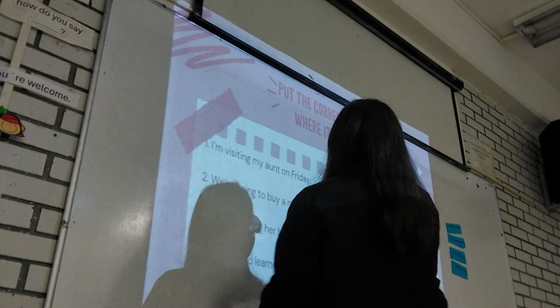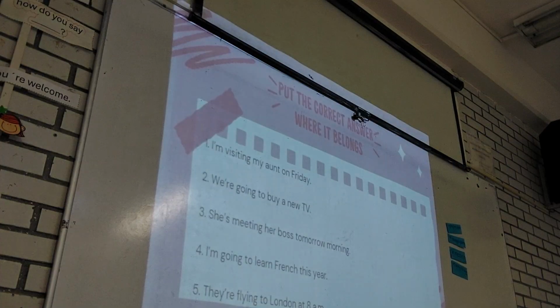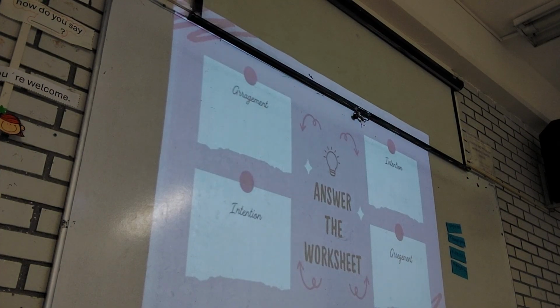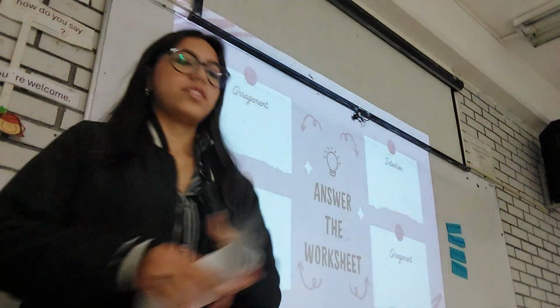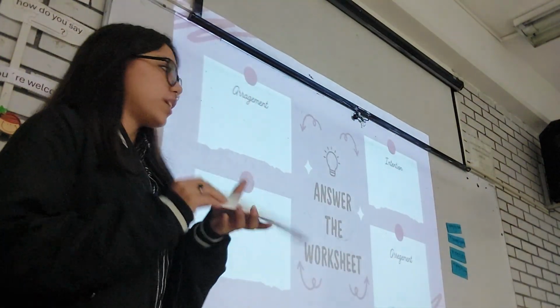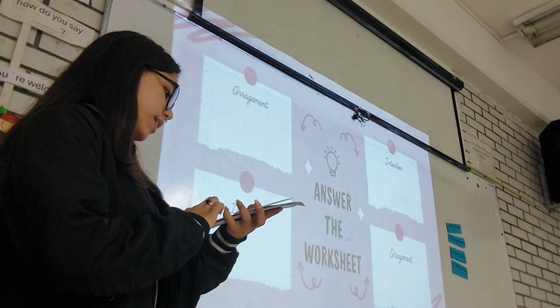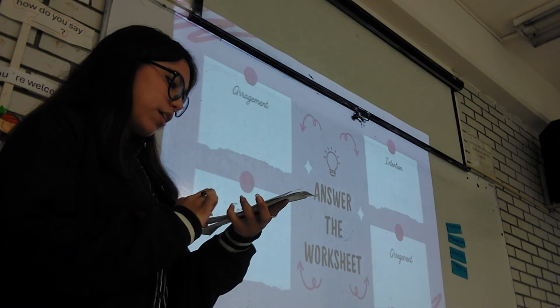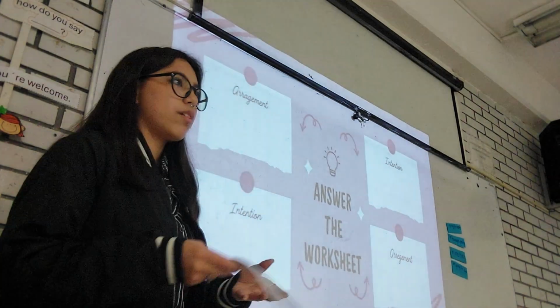Then we're going to do another small activity. For this one, I'm going to pass you this small worksheet and you're going to do 2 sentences. One is an arrangement phrase and the other is an intention phrase with the things that we already saw.